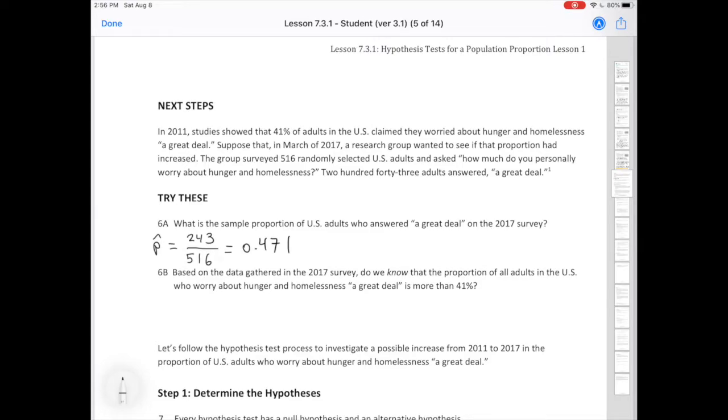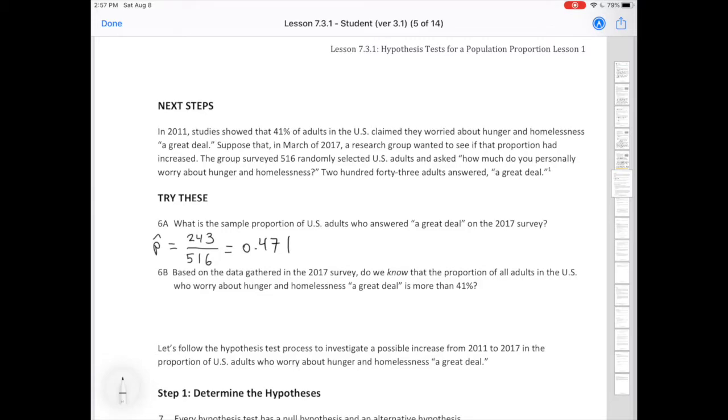So they want to know, in 2017, do more people care? They looked at a sample, and the sample showed that 47% of people care. So do we know for sure that overall the proportion has gone up? Well, this is evidence for that, but we're not sure how strong the evidence is. What if we just got unlucky and got a sample that had a few more yeses than normal? What if it hasn't really gone up?